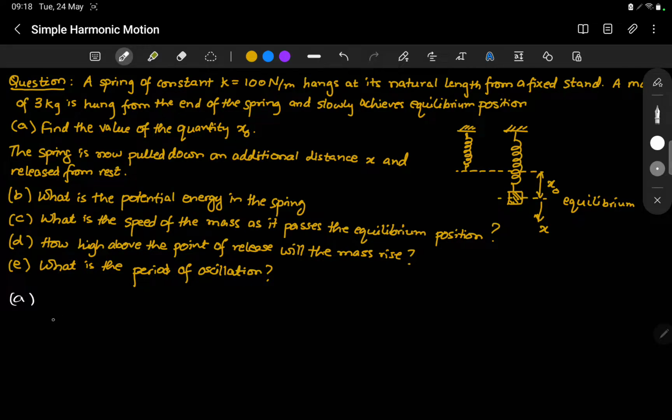So in the first part, we need to find out the equilibrium distance. If we draw the free body diagram of the mass, we have mg acting downwards and the restoring force acting upwards. So in equilibrium, since the net force is 0, everything is stationary.